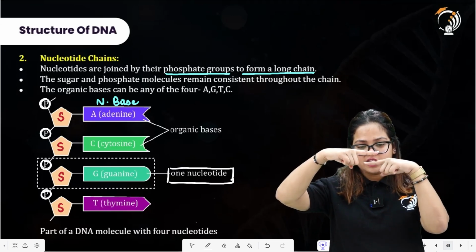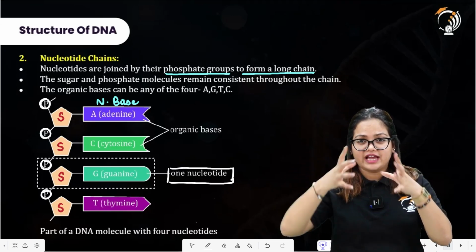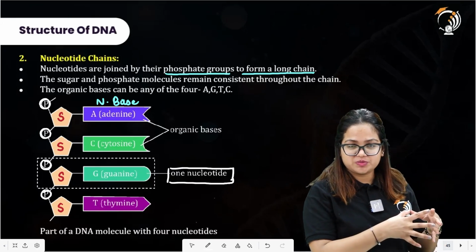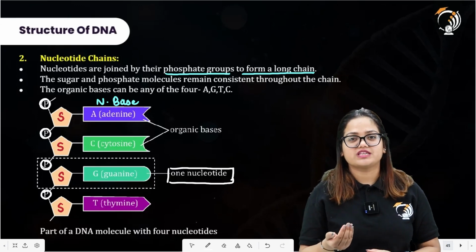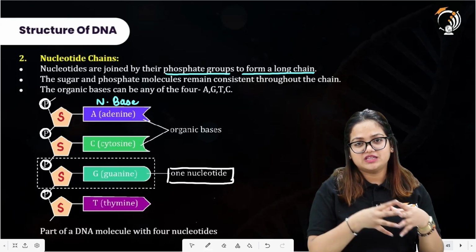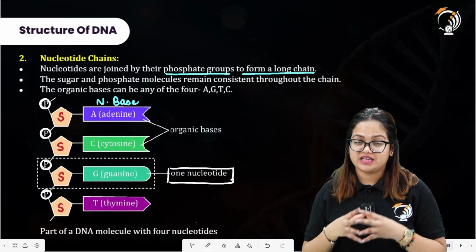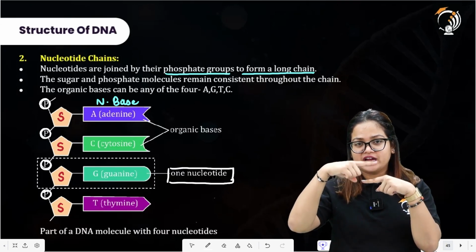And where does this hydrogen bond come into consideration? Because the nitrogenous base bonds to another nitrogenous base with hydrogen bonds. Adenine will pair up with thymine and cytosine will pair up with guanine. In this way, they will form the double-stranded structure of DNA.